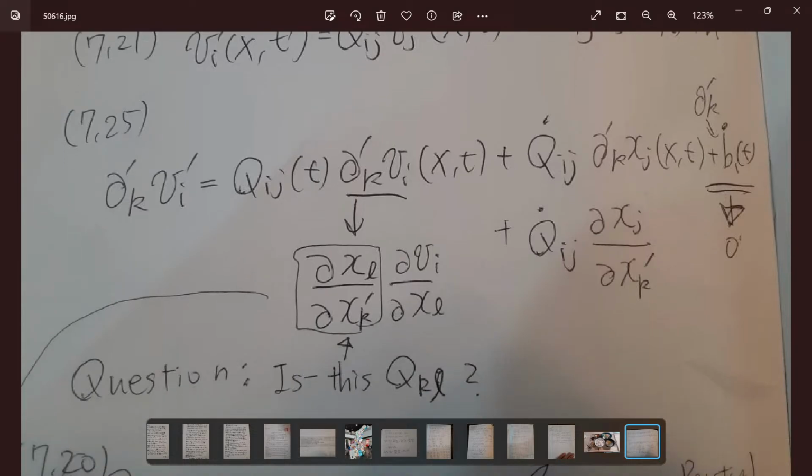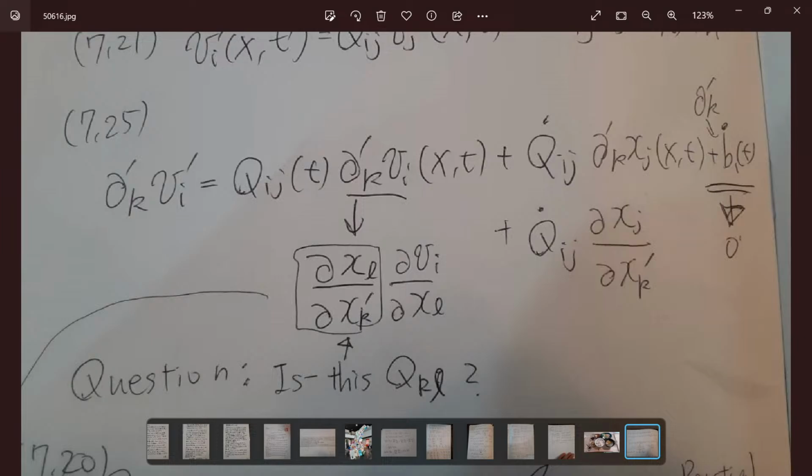So then the question is here. This partial k prime vi, what is this? So we have partial k, then we put some intermediate parameter xl, where summation over l is assumed.